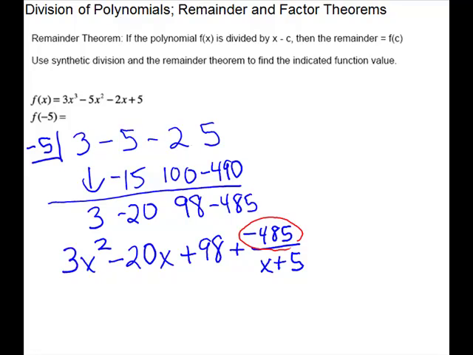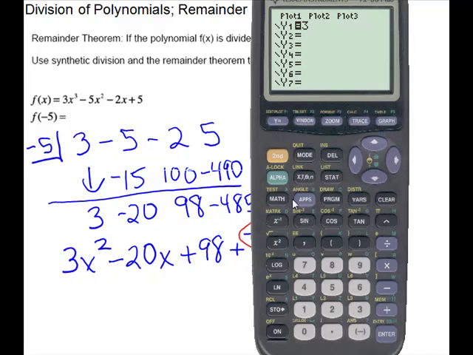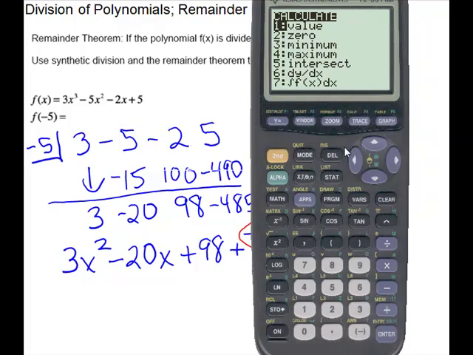Now, we could plug in negative 5 into all this problem. I'm going to go straight to the calculator, but you could do it manually. Negative 5 into each x, work it out. It should give you negative 485. And then remember, it's second calc value.